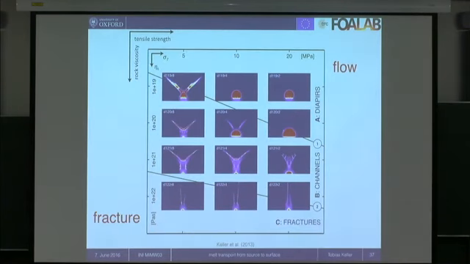And if we put this in a regime diagram of the same setup as I showed you before for the fractures, with an axis of increasing rock viscosity and an axis of increasing tensile strength, we can see that for high tensile strengths and low viscosity, in this case we form large diapirs. This is an unfortunate effect of the boundary conditions we've chosen, which supply a lot of melt and therefore create a large diapir.